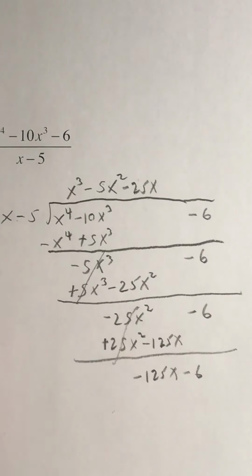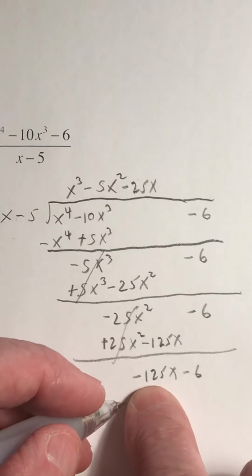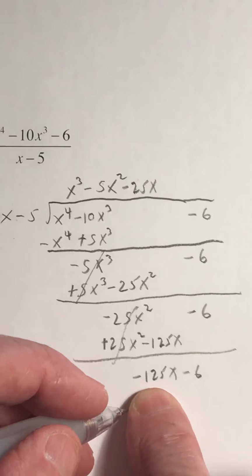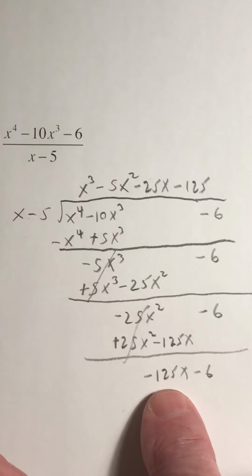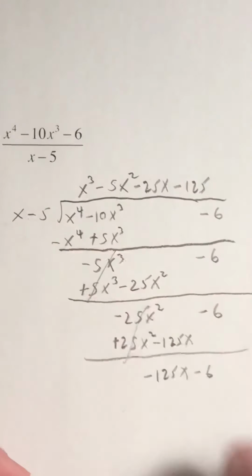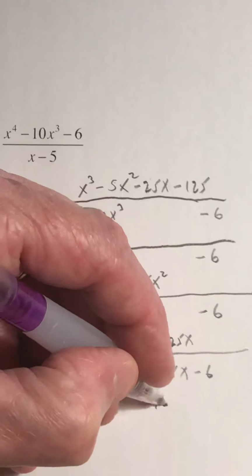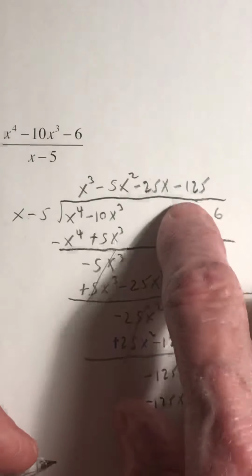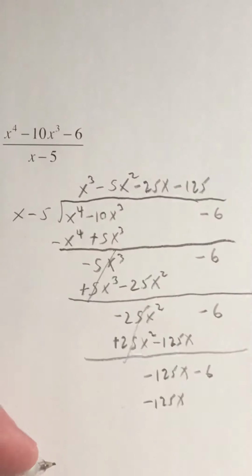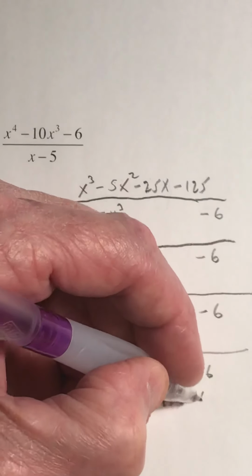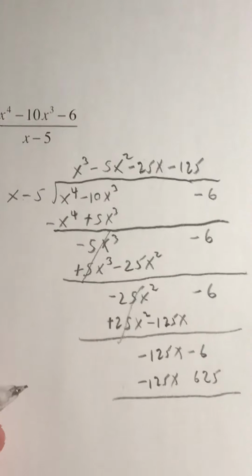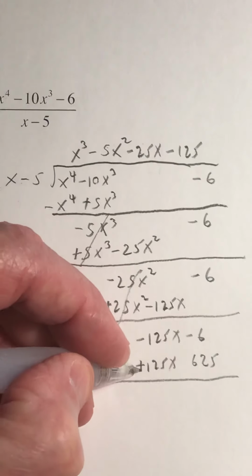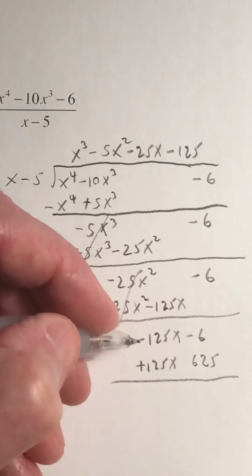And one more step. X times what to make minus 125x? Minus 125. Okay. And then minus 125 times x, that's minus 125x. And minus 125 times minus 5, that makes positive 625. And we change the signs. That was negative.